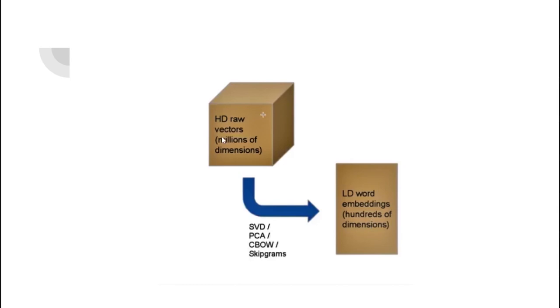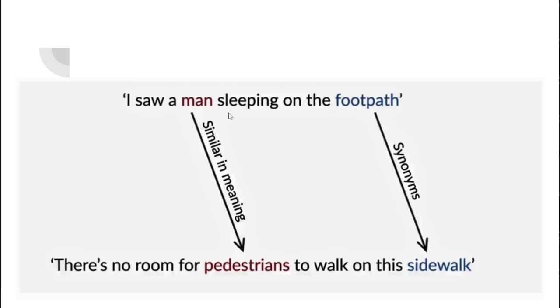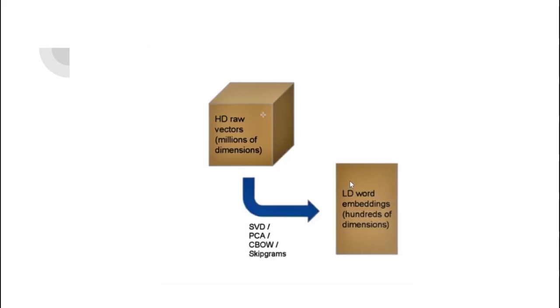Going from millions of dimensions to hundreds makes it very easy for our neural network to understand the patterns, and we could track these similarities and synonyms occurring in different sentences.